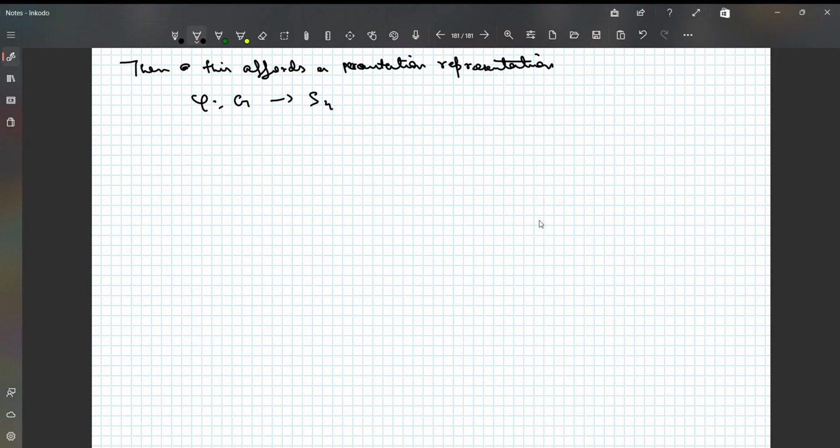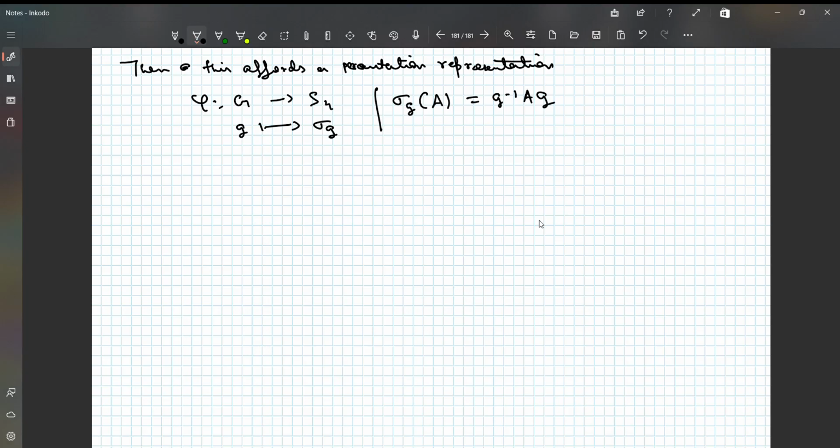There's a very important fact about this permutation representation: phi sends each element g of G to sigma_g. And what does sigma_g do? Sigma_g sends each Sylow 3-subgroup to its conjugate.